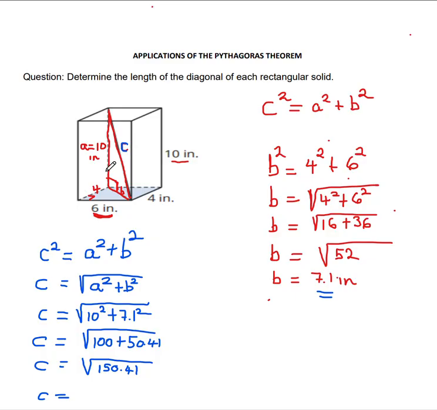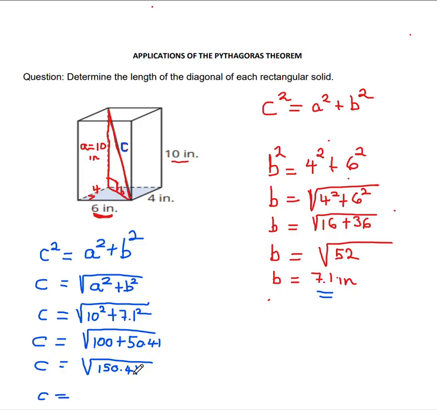That right triangle is the right triangle that is formed inside of the rectangular solid. So when we take the square root of 150.41, that would give us the approximate value of C.